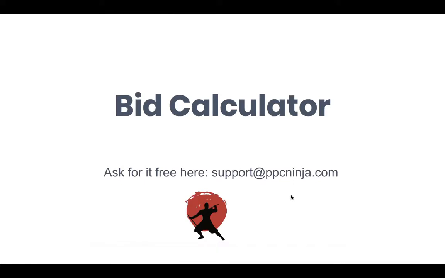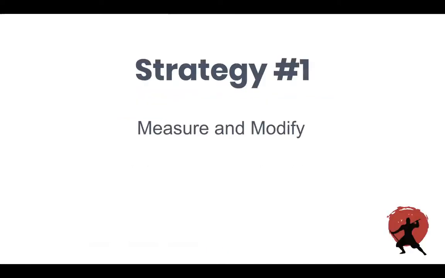Okay, so now that you know how the different bidding strategies and the bids by placement play out, we are going to talk about a few strategies. Based on the work that we're doing with our customers, we have figured out certain best practices and strategies that we would like to share with you.